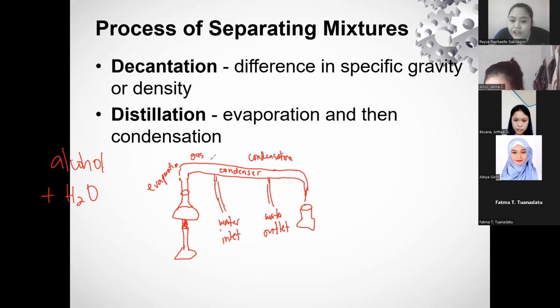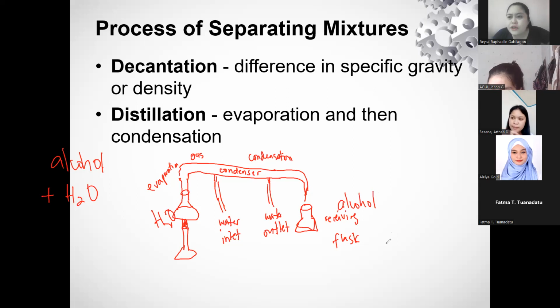So si alcohol na gas is turned back into liquid. Pag naging liquid siya, i-receive siya dito sa receiving flask natin. So ngayon, na-separate na natin yung mixture kasi naiwan si water dito and nakuha natin dito si alcohol. That's the process called distillation.